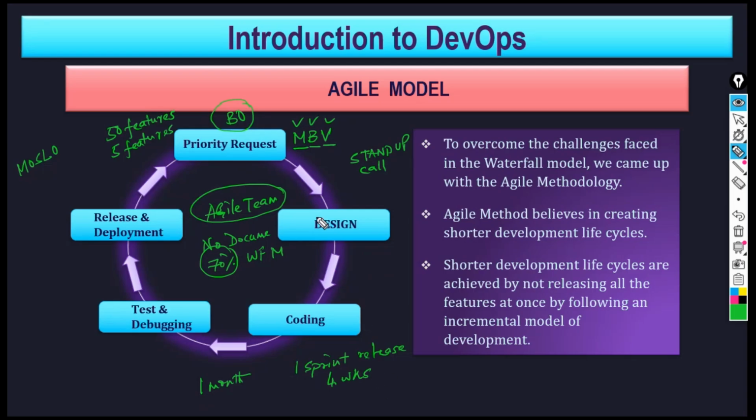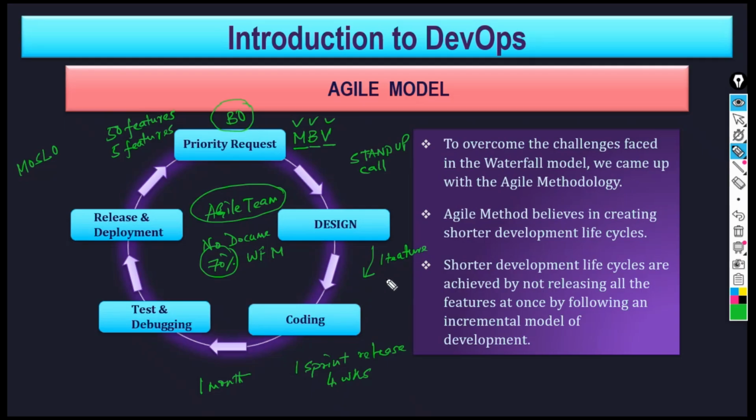So you have the design, you start the coding, but all things will come parallelly. The day you start the design, you give that part of the design. Out of 5 features, you have designed one feature, and you immediately give it to the coding.